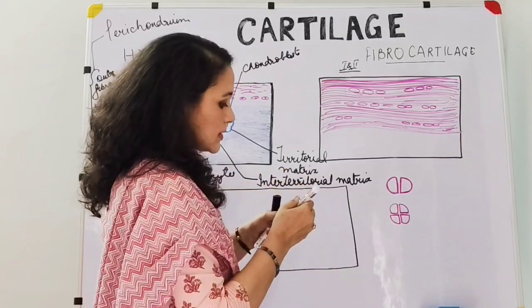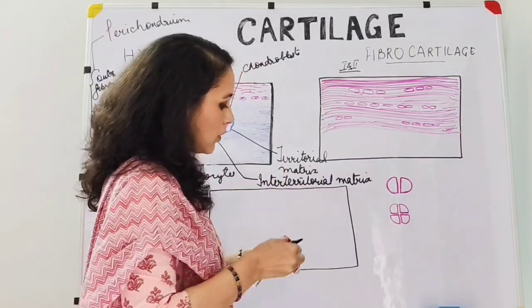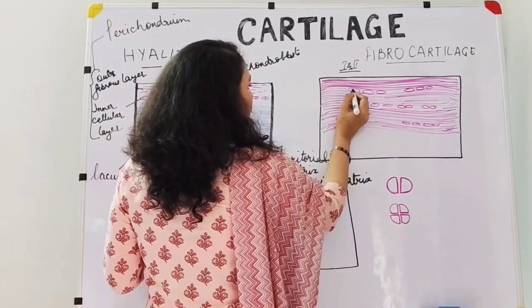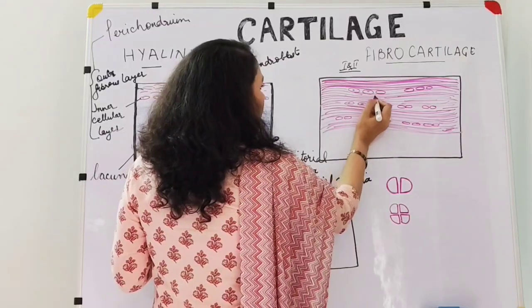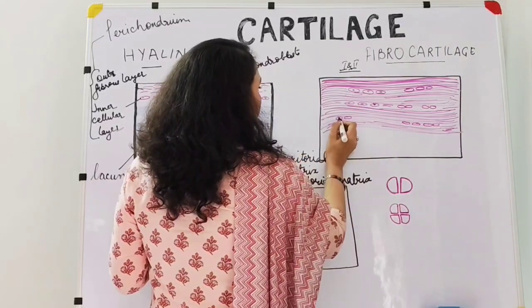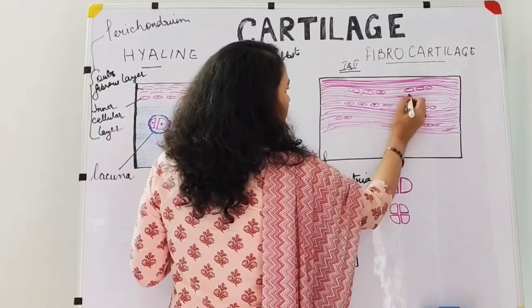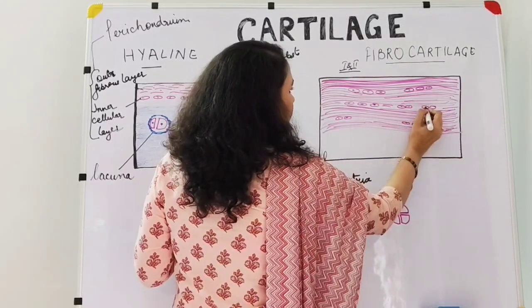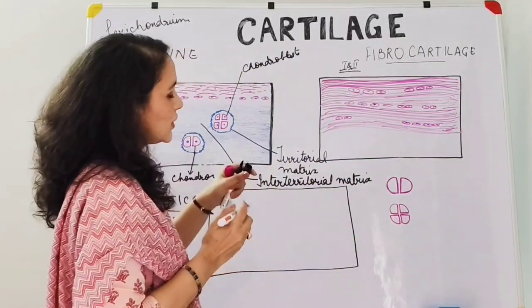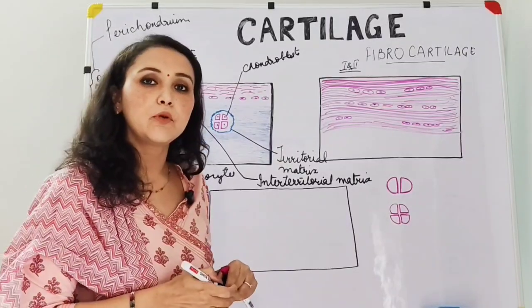The cells are smaller in this case. In fibrocartilage, the cells are smaller and placed in between the bundles in rows. Always draw nucleus in the cells. So this is how you draw the fibrocartilage.